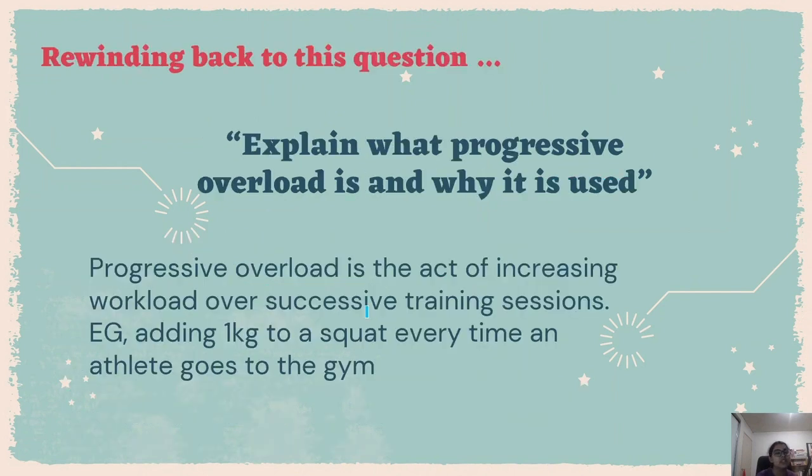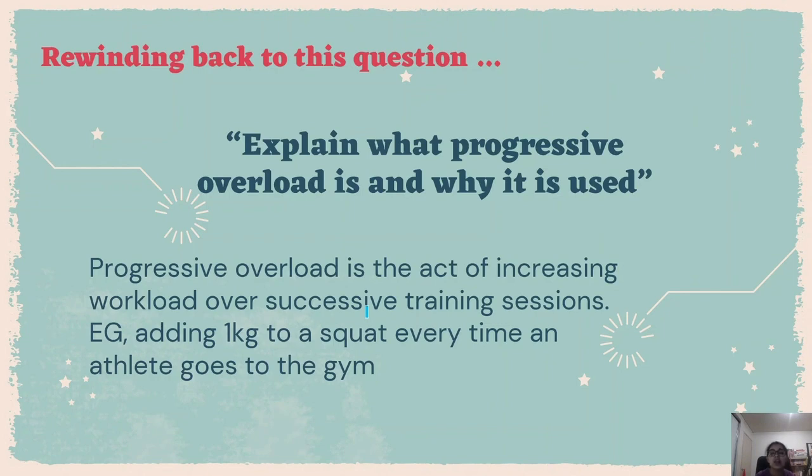Okay, so let's move on to our earlier question on why. We're going to rewind back to this question where we have to explain what progressive overload is and why it is used. For a question like this, you can see that now we are going to give the marker what they want. Progressive overload is the act of increasing workload over successive training sessions.